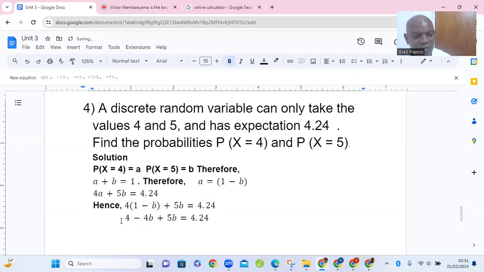So minus 4B plus 5B, that will give us B. So we have 4 plus B is equal to 4.24. So B is equal to 4.24 subtract 4.